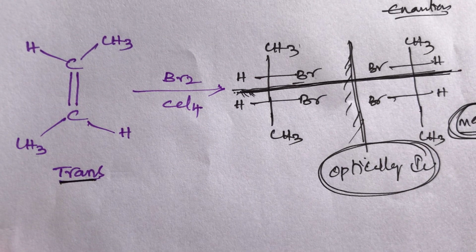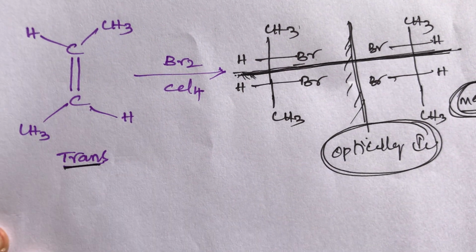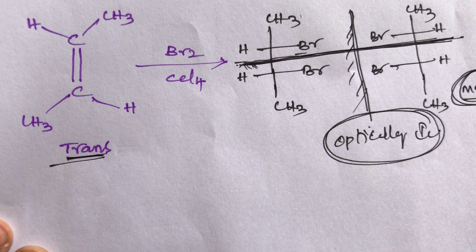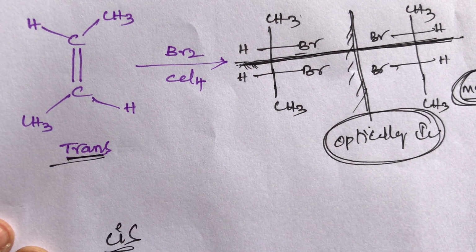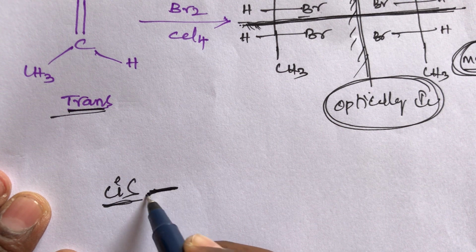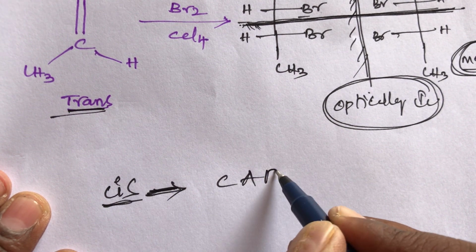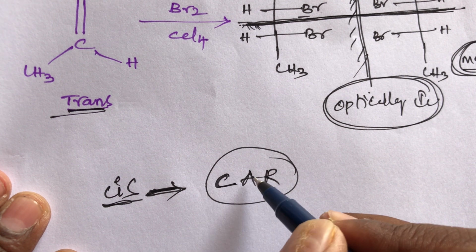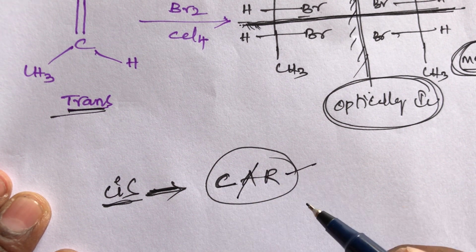Once again, students, cis-2-butene will undergo anti-addition reaction. It forms a racemic mixture. But trans-2-butene will undergo anti-addition reaction to form a meso compound. It is very important. Cis-2-butene, cis compound will give CAR: cis compound undergoes anti-addition reaction to form a racemic mixture.